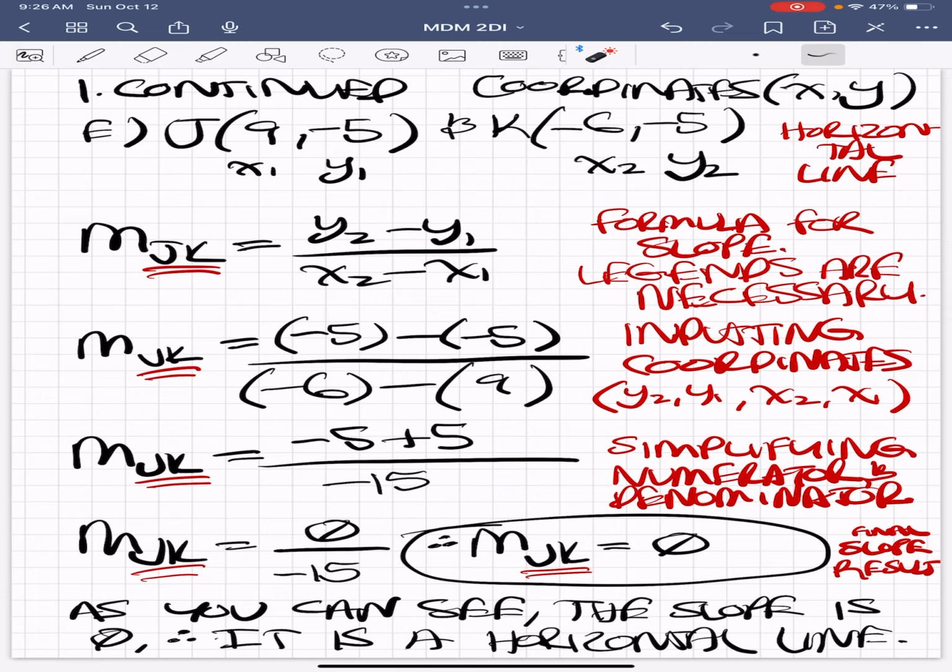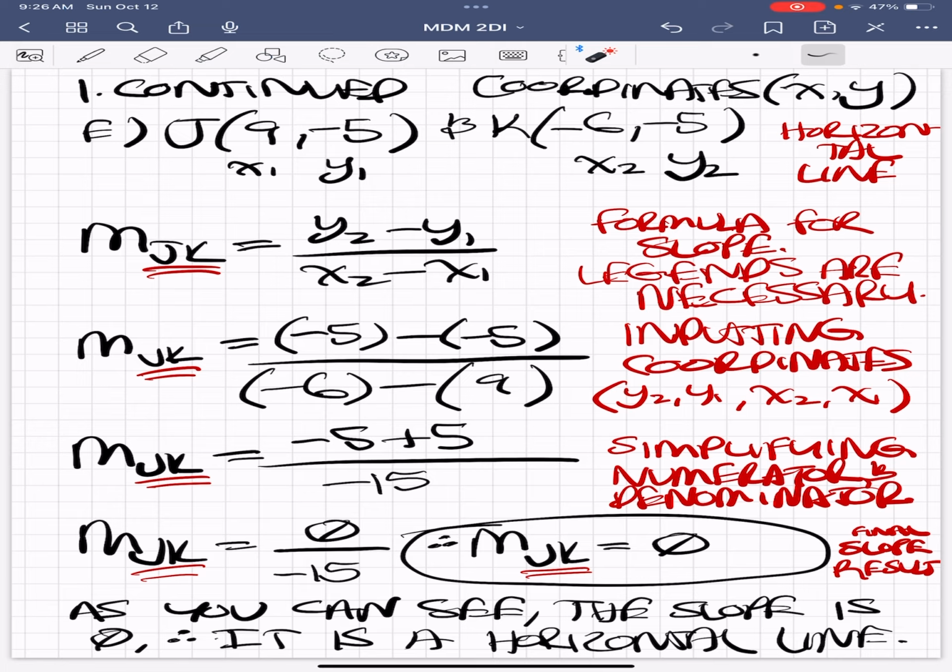So we have a horizontal line. As you can notice, the y values are the same. And then we have x1 and x2. So we have m of JK, the slope of line JK. And then we have the formula for slope.